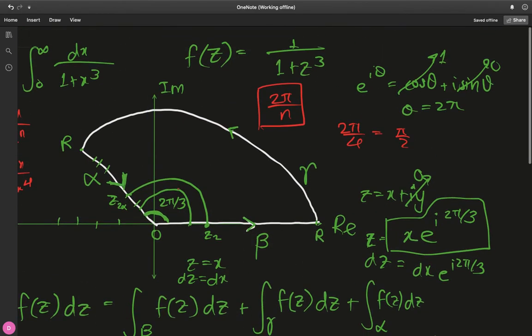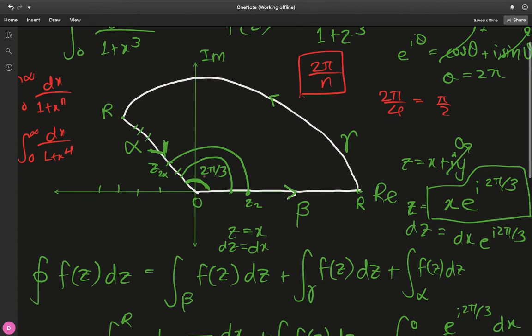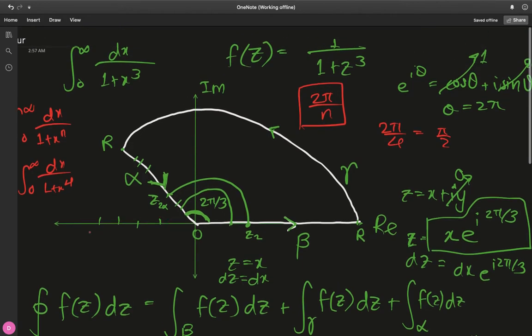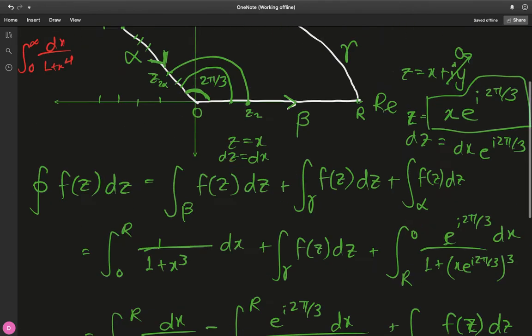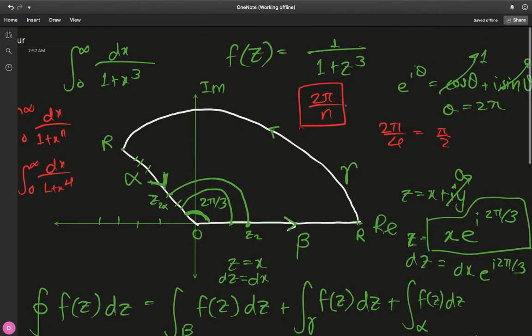Because if we had chosen a 180 degree rotation on the final path, we would have obtained on this integral from minus r to r, 1 minus x cubed, right? Because minus x cubed is minus x cubed, and that would have been a real problem because 1 minus x cubed is not the same as 1 plus x cubed. So this is a neat trick. It's good if you remember it.